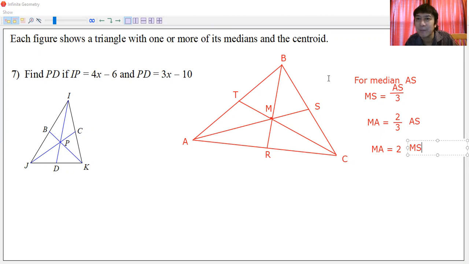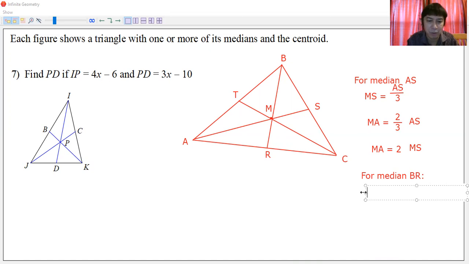And this is also true for median BR. 2 times MR is MB.